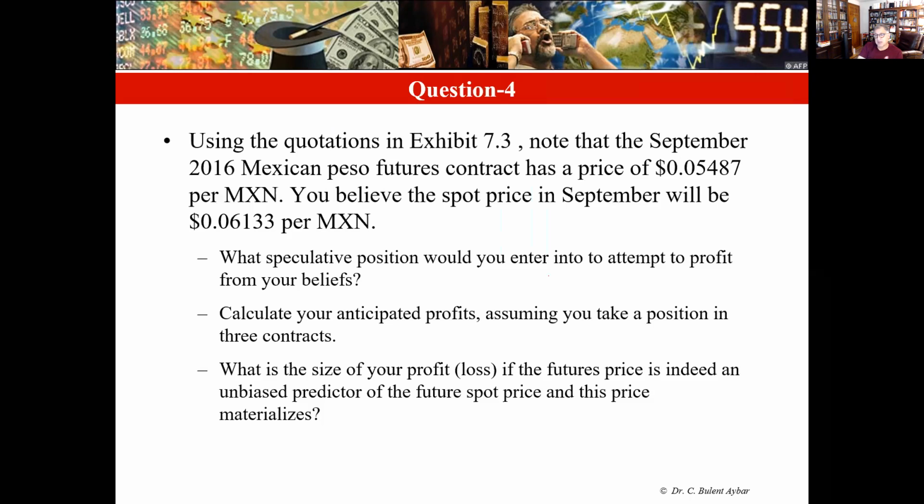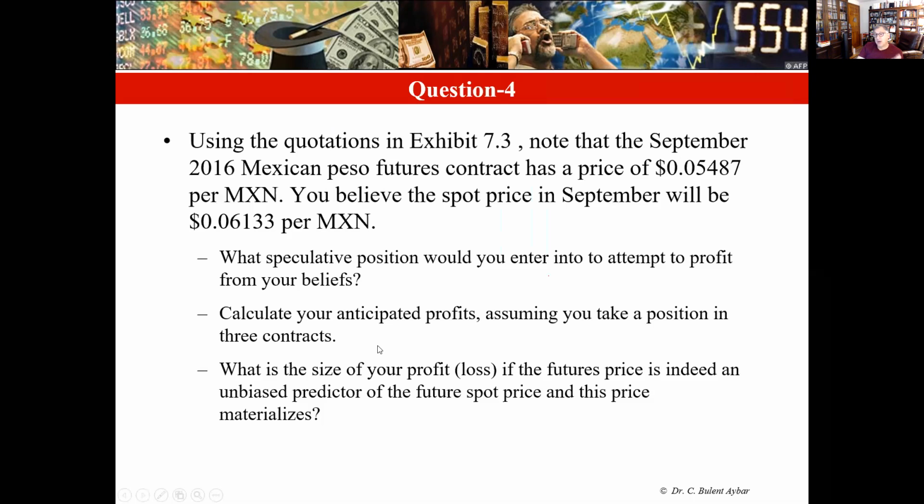So I'm betting that the spot price is going to be above what the futures price is saying, and I take advantage of this by getting into a contract today, locking into a Mexican peso price of 0.05487 per Mexican peso in dollar terms, and then if the higher price materializes at the expiration, then I would make my money. So the speculative position is going to be to take a long position on 3 Mexican peso contracts and wait.